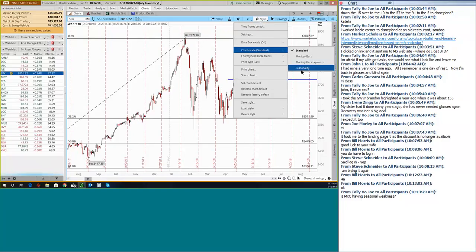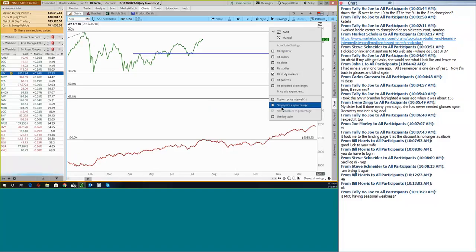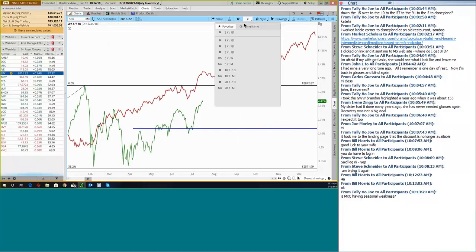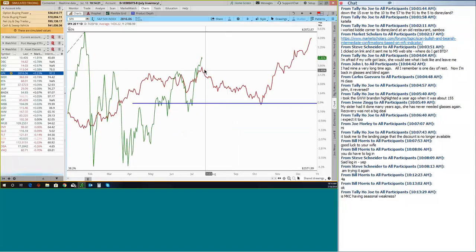Style, seasonality, and then we'll change this to show price as percentage. Okay, and then let's go back 20 years, get some more data. Here it says July 18th, on average about wherever the July expiration is.